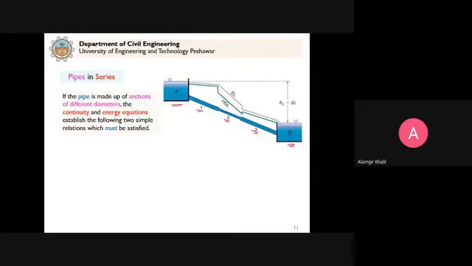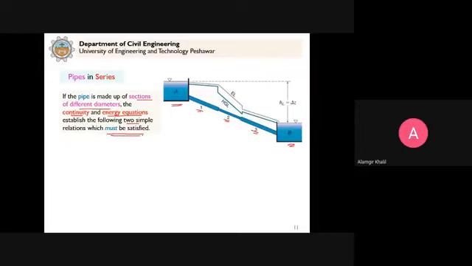Now if the pipe is made up of sections of different diameters, in this case the three pipes are of different diameters, the continuity and the energy equations establish the following two simple relations which must be satisfied.